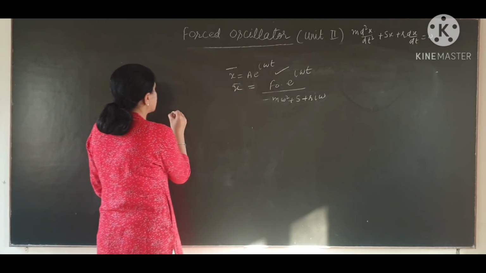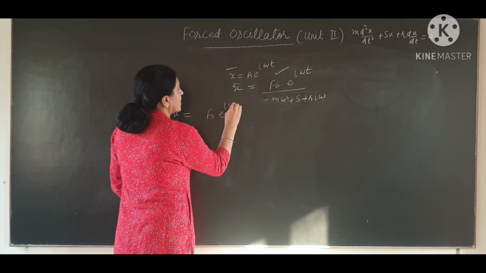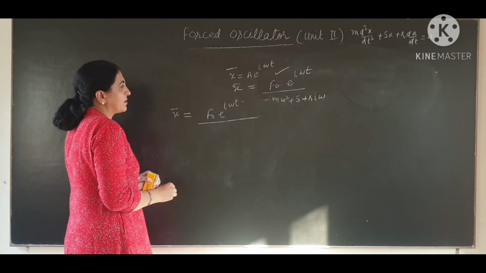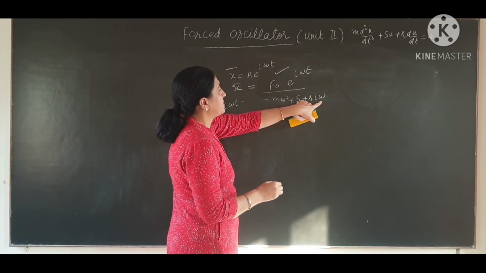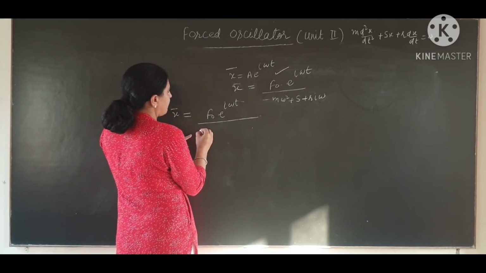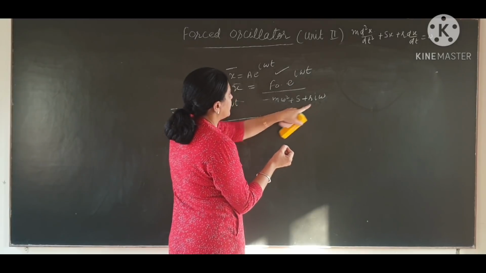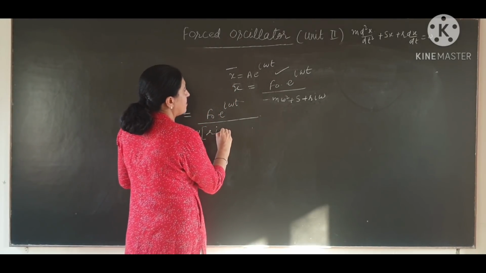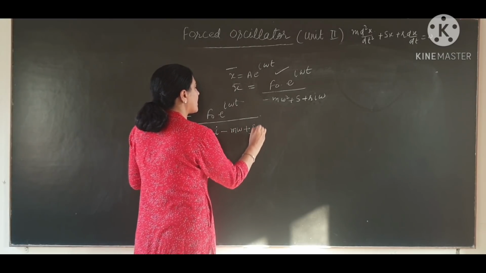Now I take something common. I take omega common from this. If I take omega common, what remains is r over omega minus m omega plus s over omega.